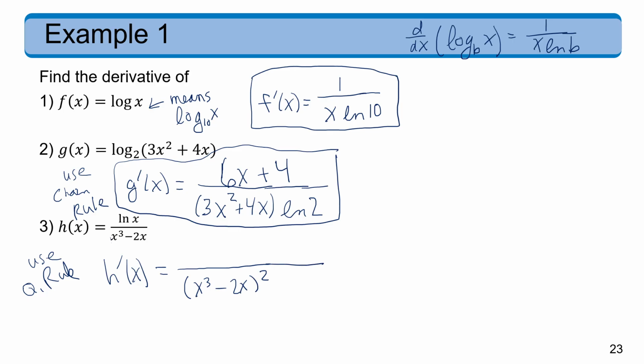Now in the numerator, we start with bottom times derivative of the top. So the derivative of natural log x. We discussed earlier, natural log means the base is e.